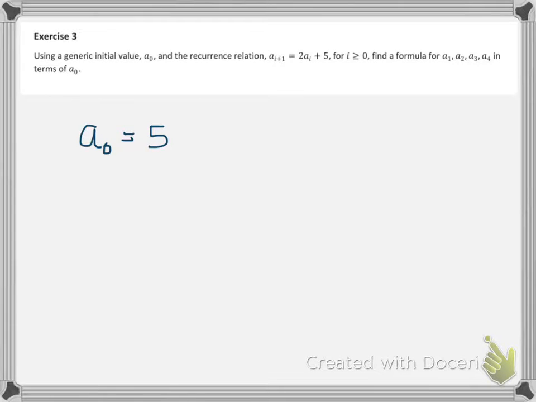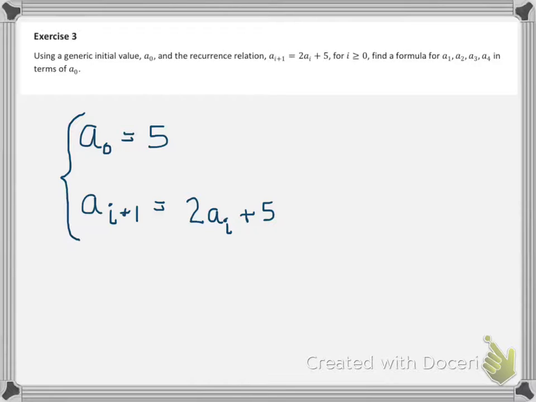And then we would write our equation that we came up with, which was a sub i plus 1, which is the next result, or the next initial number, is equal to 2 times a sub i, our initial number, plus 5.